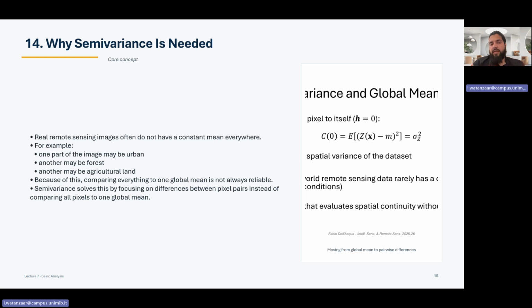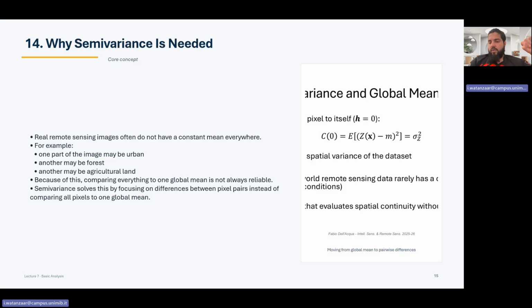But as we have seen in the example, it is not reliable all the time to have the global mean. So semivariance solves this by focusing on the difference between pixel pairs. Now we are taking pixel pairs and their difference, instead of comparing all pixels to one global mean. That is the overall idea.